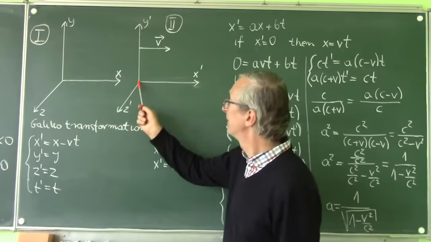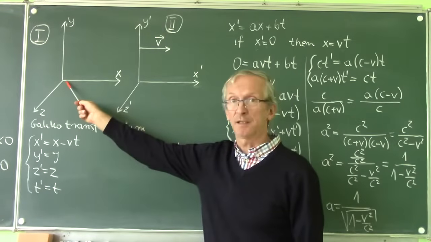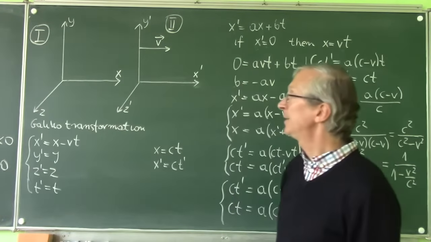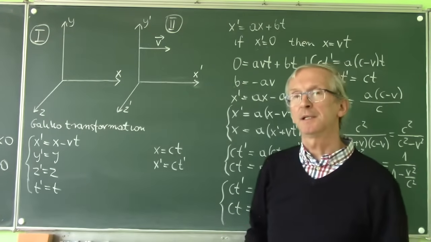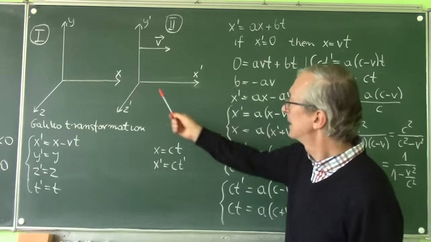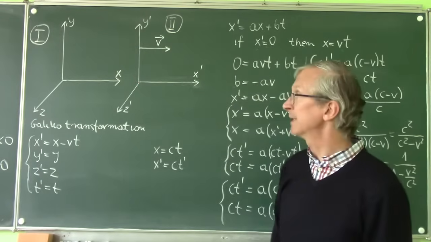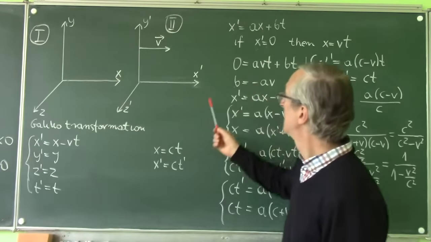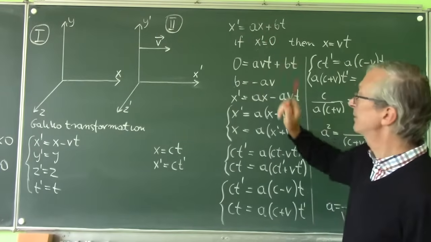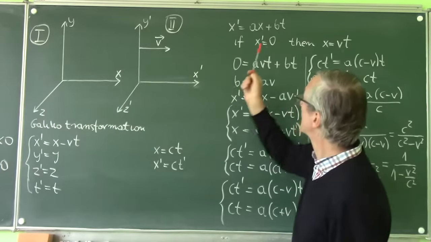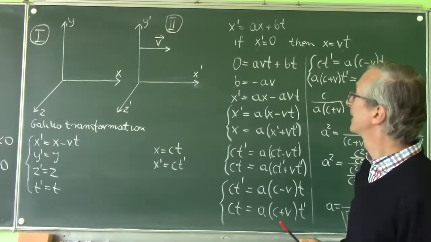So this point will be here. And let's assume that some event happens in the beginning of the second frame of reference. So x dash for this event is equal to 0.